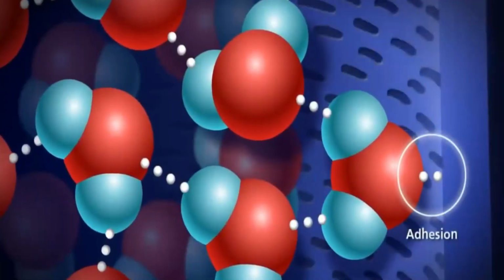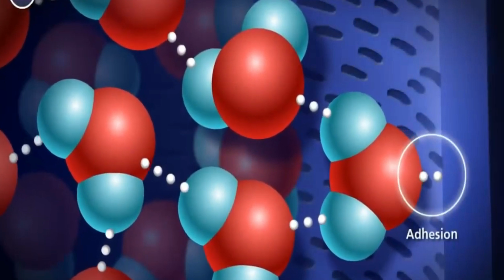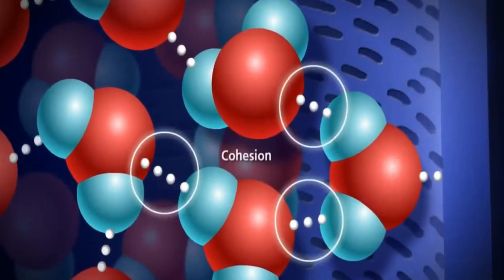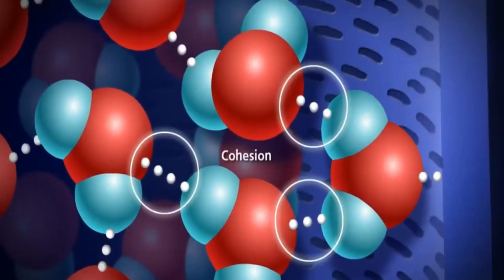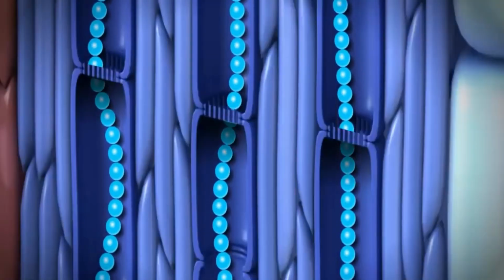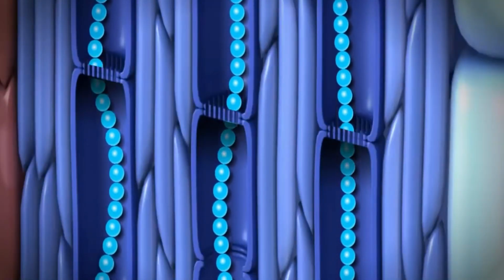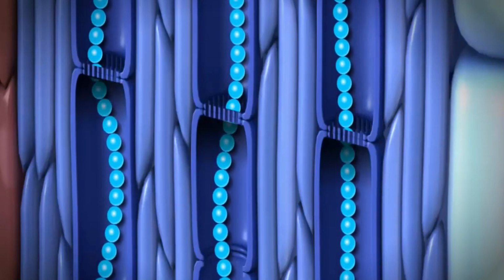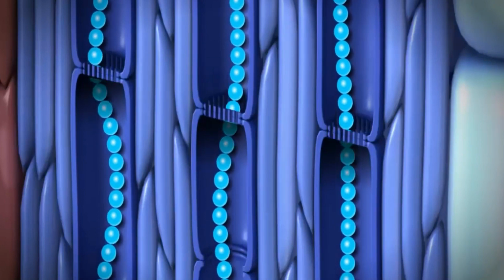Adhesion is the attraction of water molecules to a surface such as the wall of the xylem. Cohesion is the hydrogen bonding between water molecules. Together, adhesion and cohesion allow water to move through the xylem in a continuous stream from the roots up through the stem to replace water from the leaves.